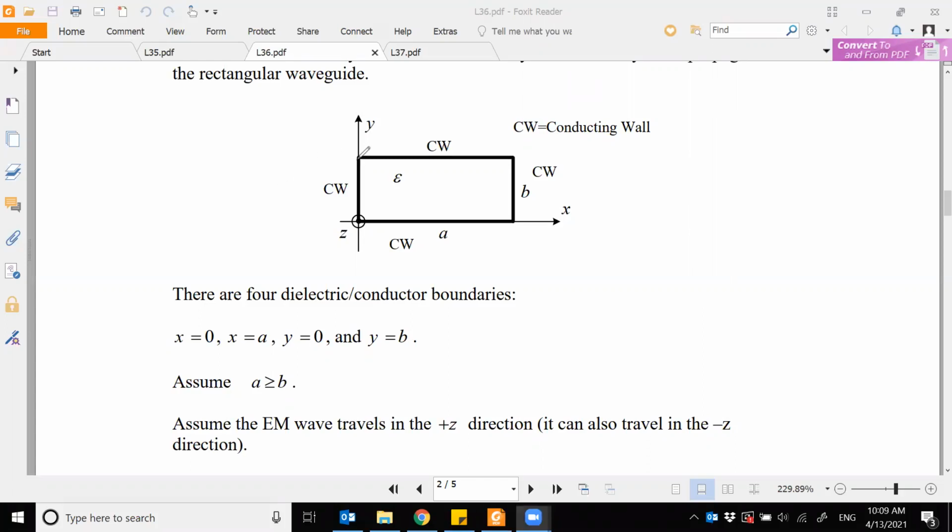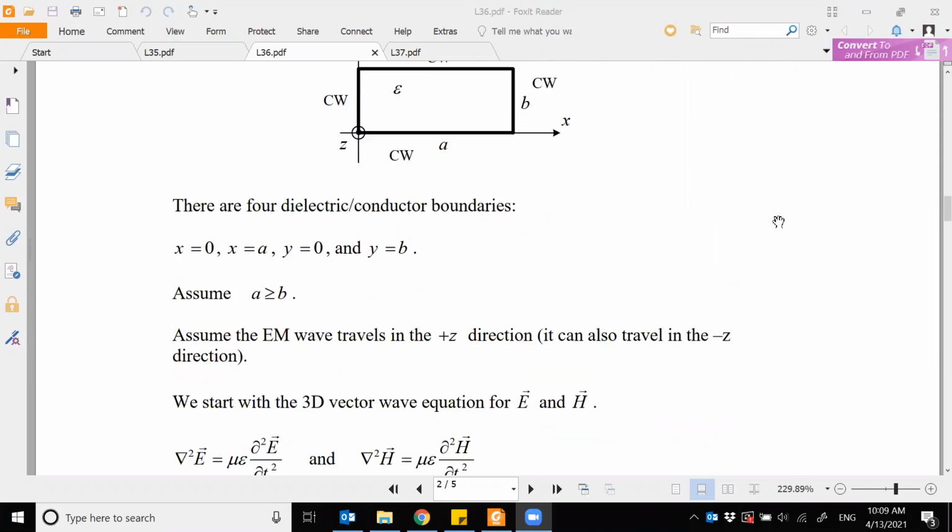The third boundary is y is equal to 0, and the fourth boundary is y is equal to b. These are the four boundaries where we will apply the boundary conditions. And we will also assume that a is greater than b. Okay, so let's start.